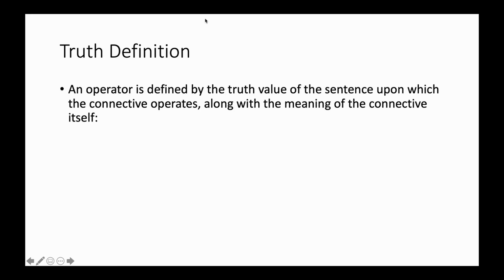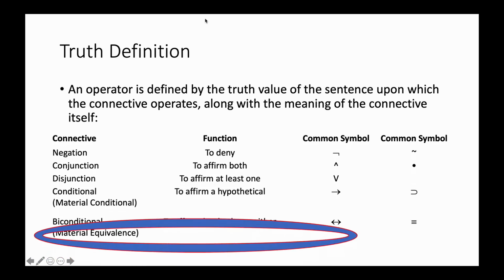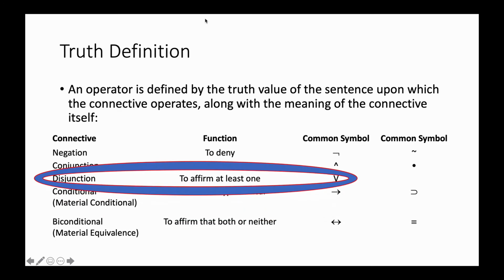The truth definition of the disjunction is determined by the sentences upon which the wedge or disjunction operates, along with the meaning of the connective itself. So let's look at the function of the disjunction to help us understand its meaning. The disjunction affirms that at least one of the disjuncts is true.